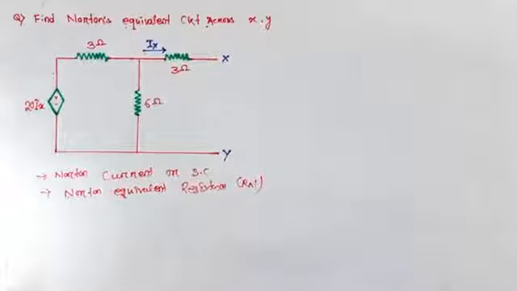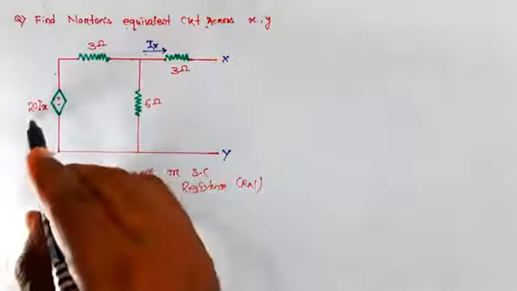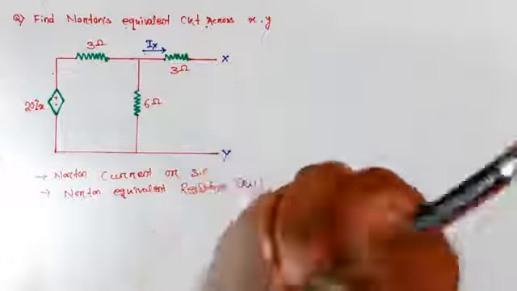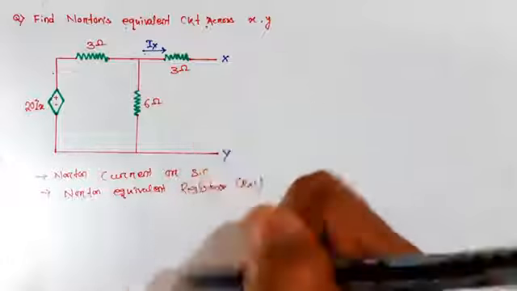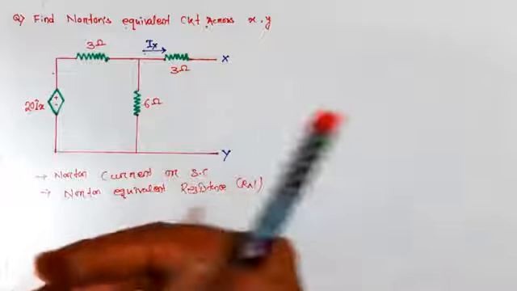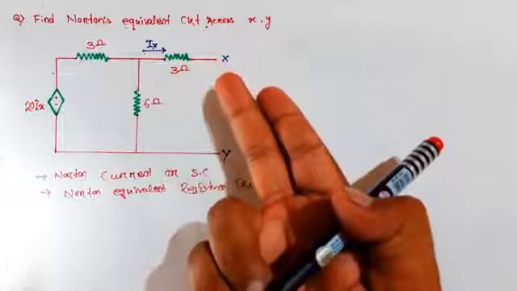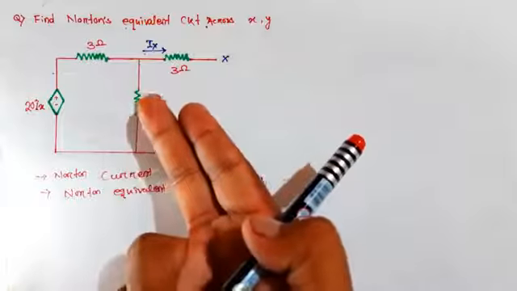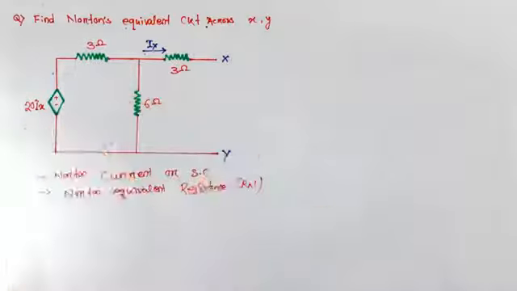Here you can see only one dependent source; there is no independent source present. This dependent voltage source depends upon this current. If you try to find the short circuit current across XY, you cannot determine it because there is no independent source to drive this dependent source.